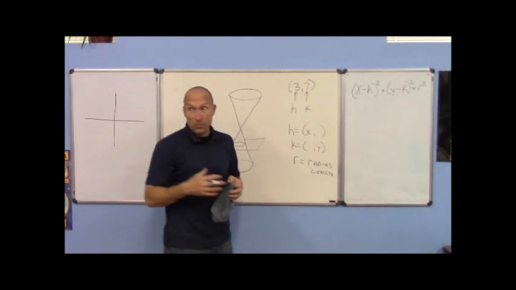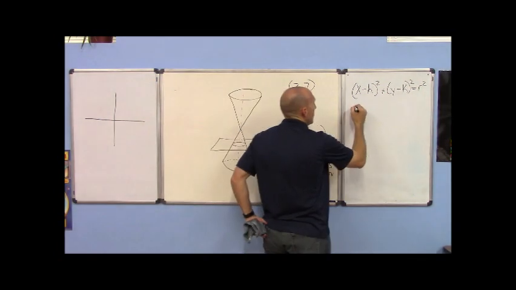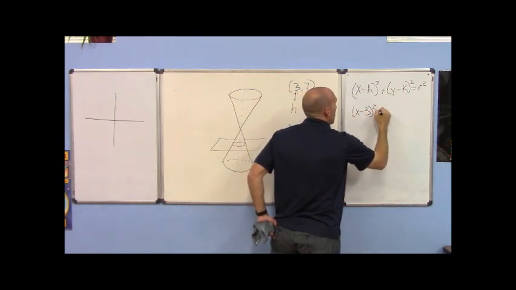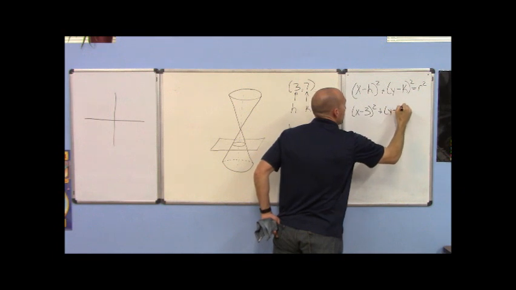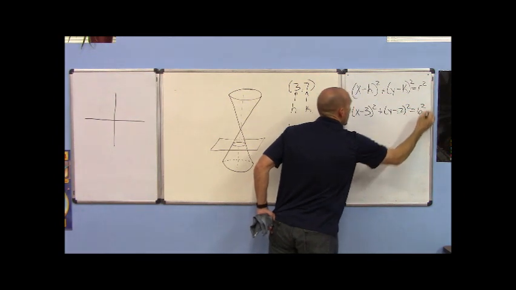So then what is really easy about this is when we plug it in, it will be (x minus 3) squared plus (y minus 7) squared equals 6 squared.